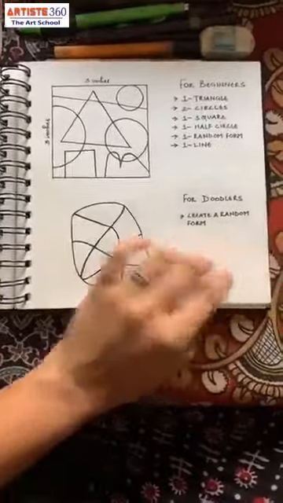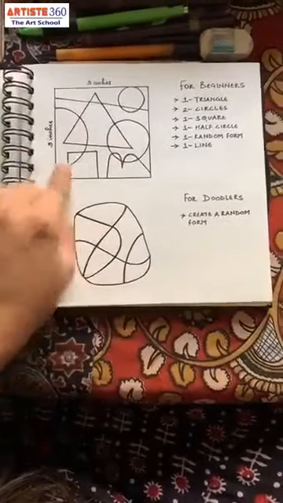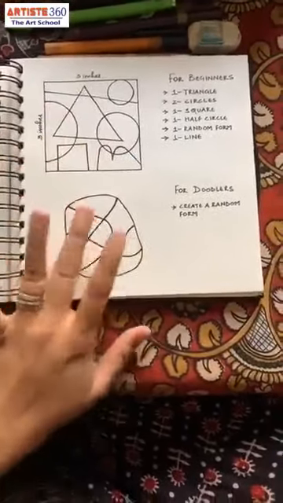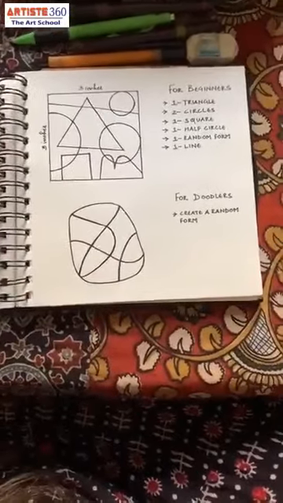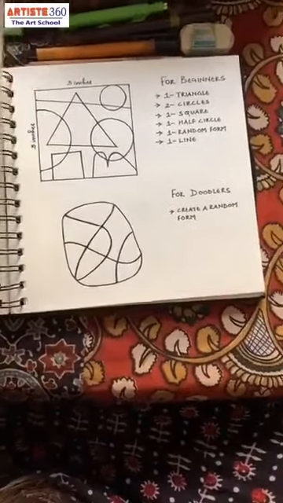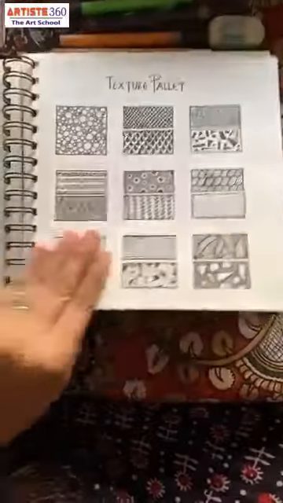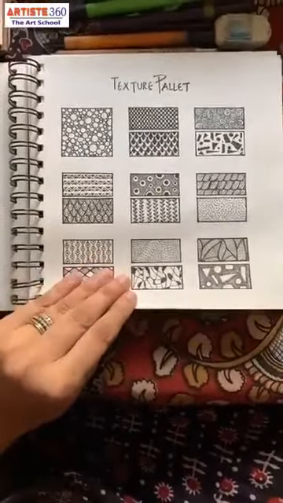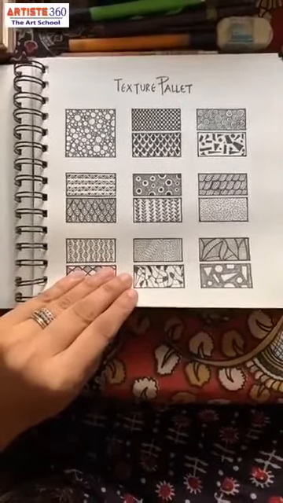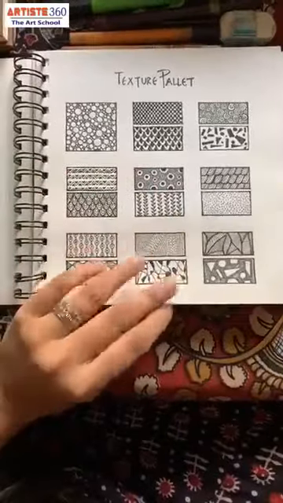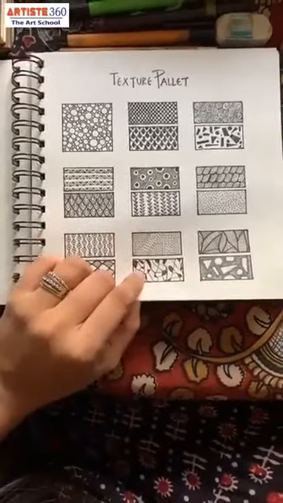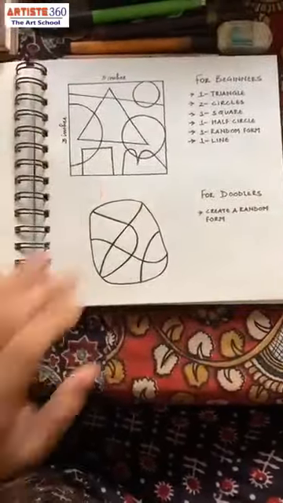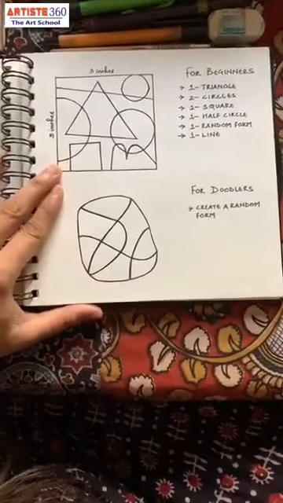So just to give you an idea, if you make a form like this and you create a pattern like this, after this what you have to do is fill in the textures from your texture palette. You see these textures, you have to fill these textures in this form.